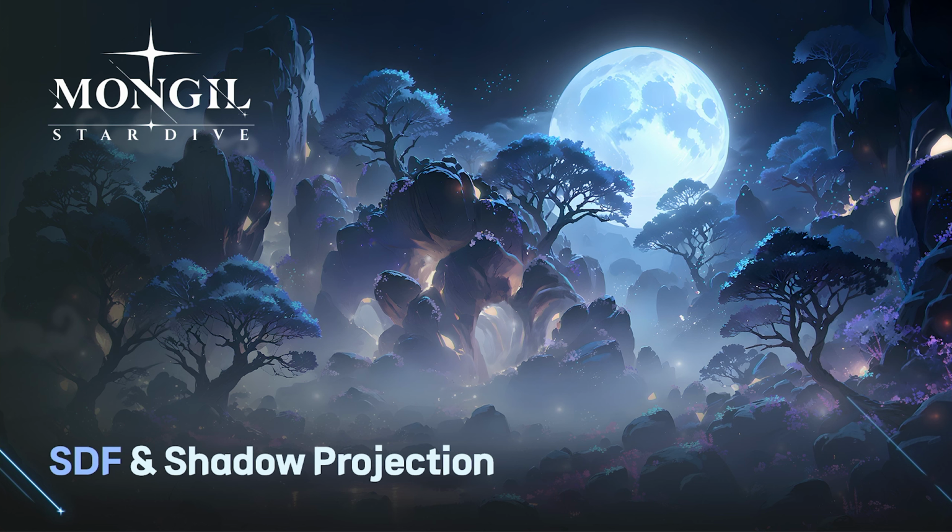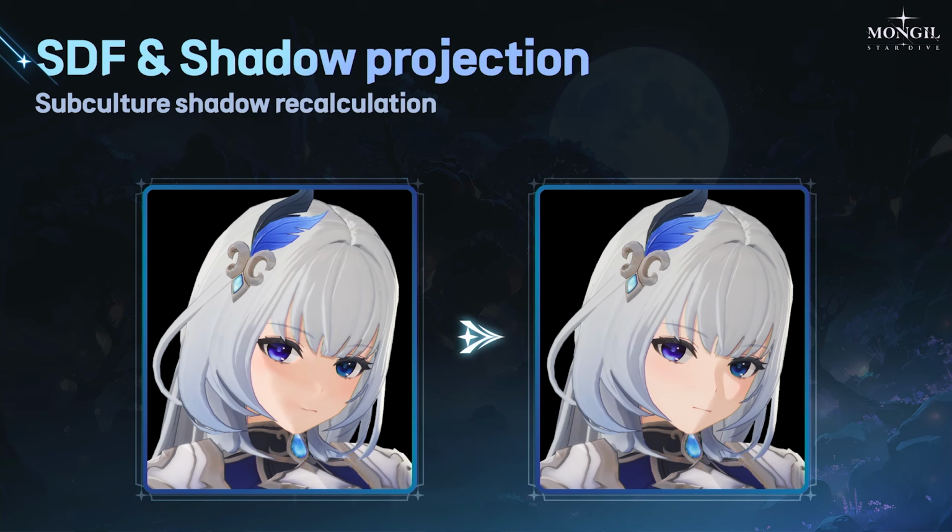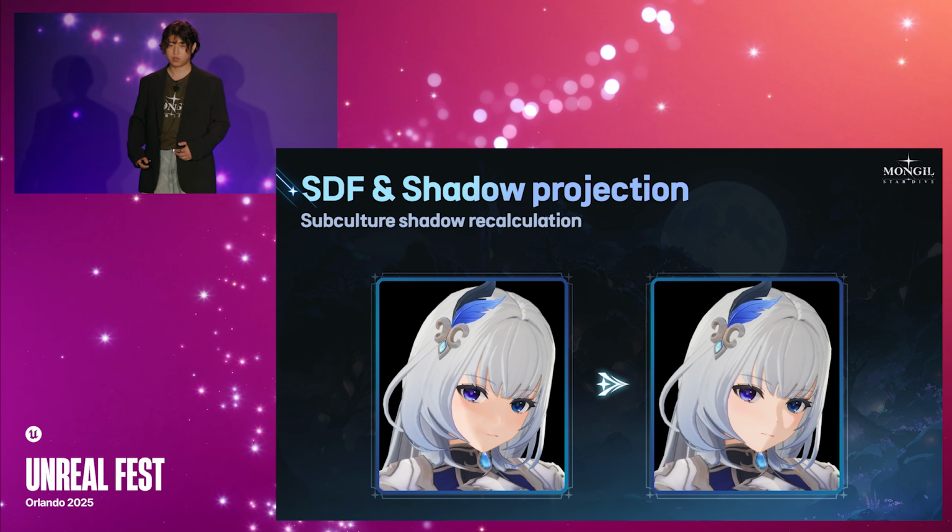In the next chapter, we'll talk about SDF, signed distance field, and shadow projection. The reason we use SDF is that physically accurate shadow calculations often fail to produce aesthetically pleasing results, especially on stylized character faces.